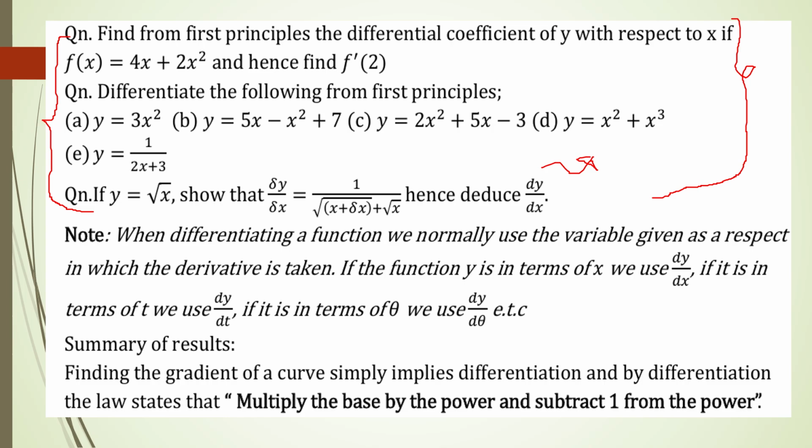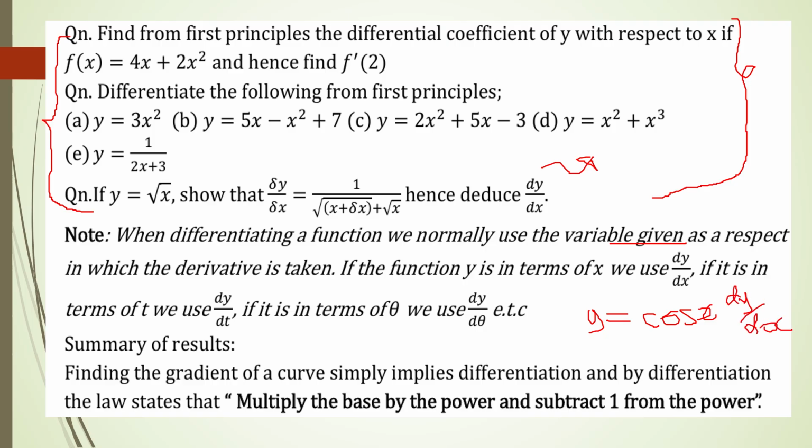So here we're going to make a simple note that when differentiating a function, we normally use the variables given. For example, if you're having a function y equal to cos x, then you're differentiating with respect to x, and your value is going to be dy/dx.